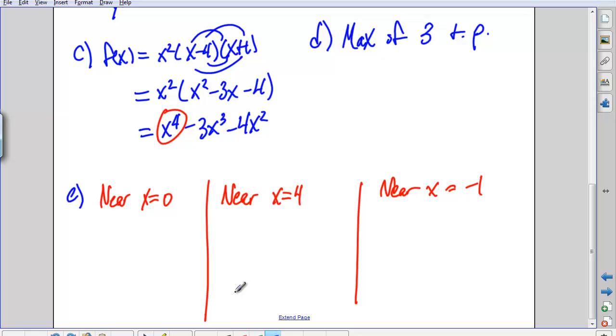Again, we're starting with the same function each time, in factored form, which is the best way to work with it on this question. Bear with me as I copy this.